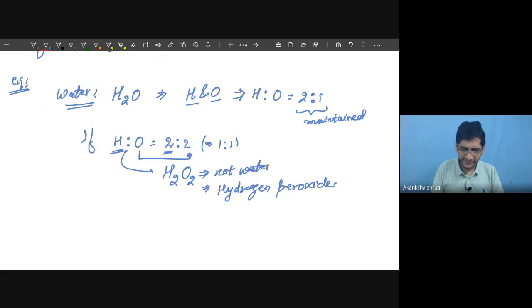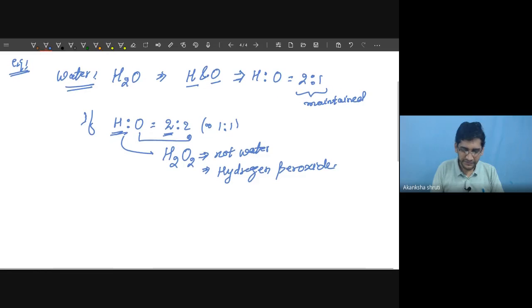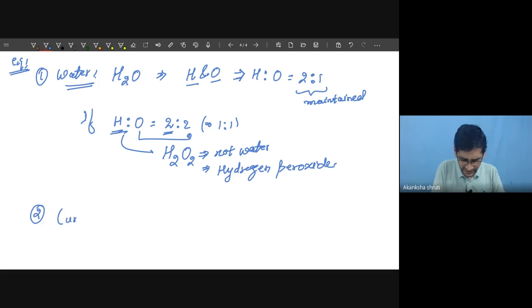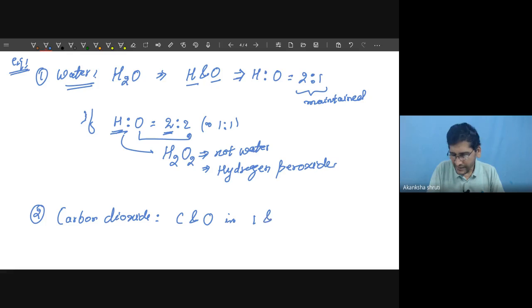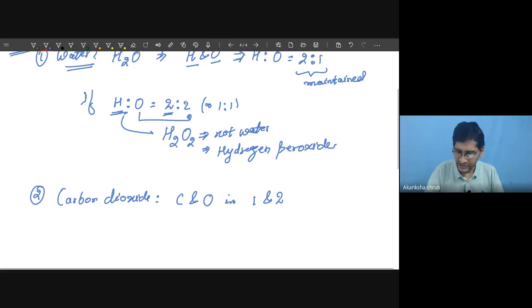If you are taking the other one, say carbon dioxide, which I had explained first. If I say the term carbon dioxide, it means carbon and oxygen have to be present in such a ratio that carbon is 1 and oxygen is 2. It means 1 carbon atom has to be combined with 2 oxygen atoms.